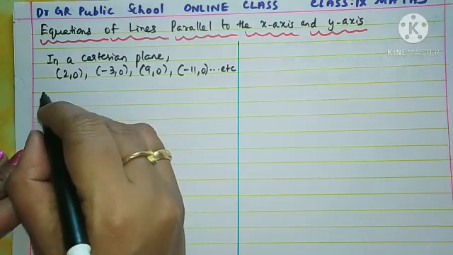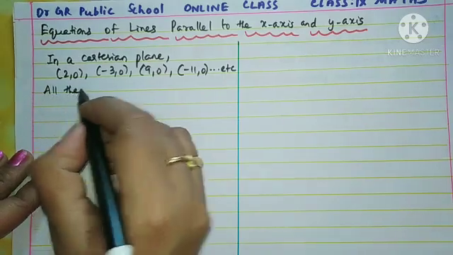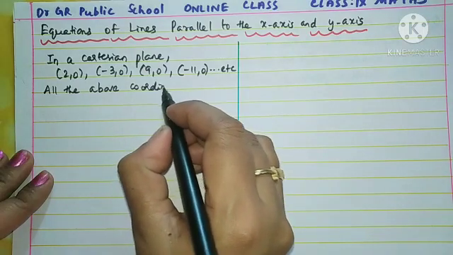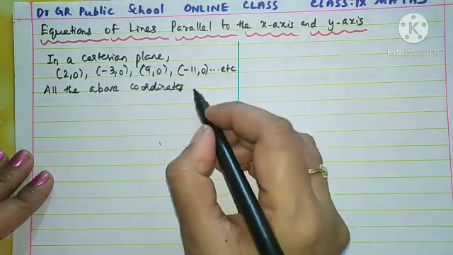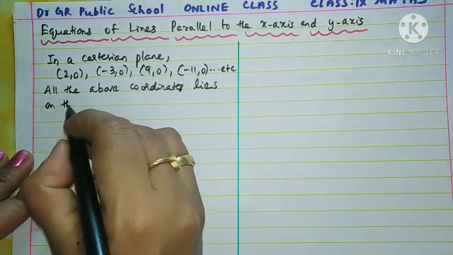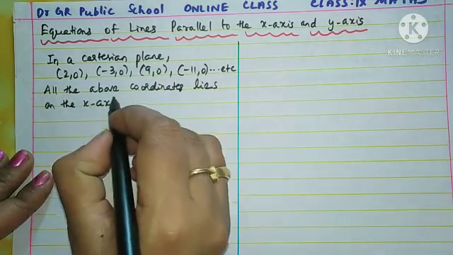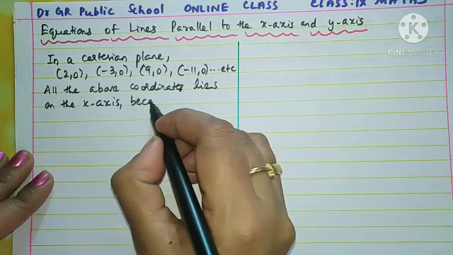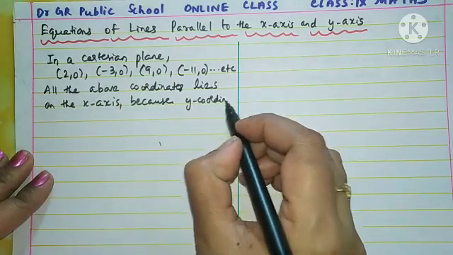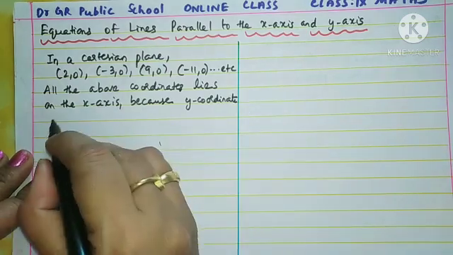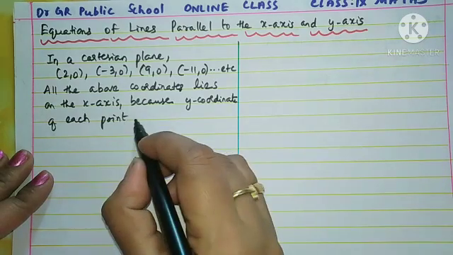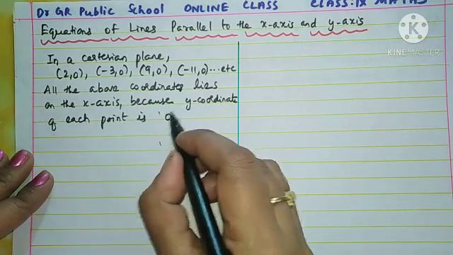So we can say that all the above coordinates lie on the x-axis. Why? Because the y coordinate of each point is 0.